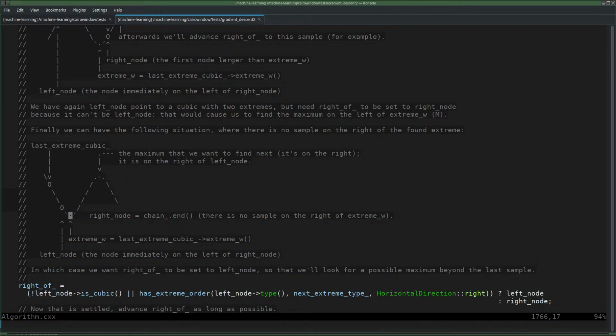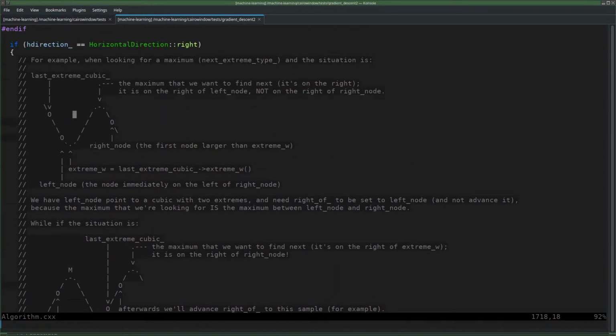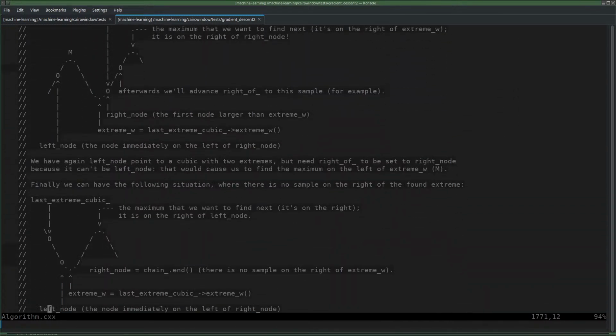I think this is the same thing as above here, but then without the right node. So it's 100% symmetrical, as it should be. I'm going to swap these two. Finally is then no longer the case, but okay.